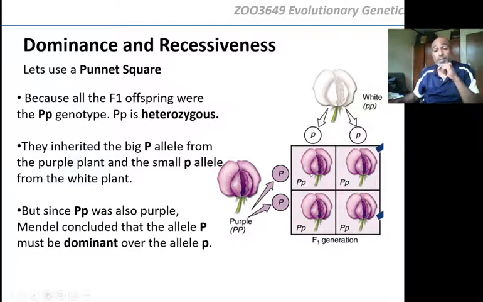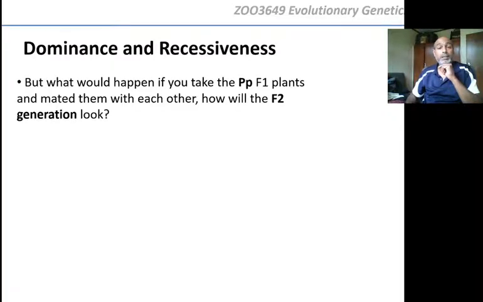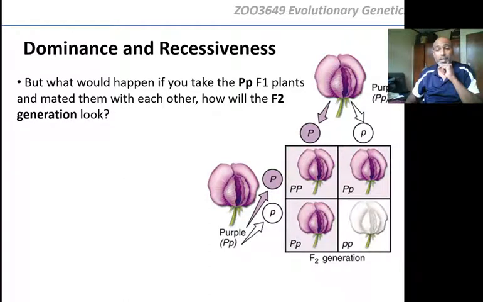In other words, these big P, small p's, mate them with each other and see what happens. Okay? So he did that, and what did he get? As you know from 2544, he got 3 purple and 1 white. Suddenly, he recovered the white phenotype when he mated the F1 generation with each other.